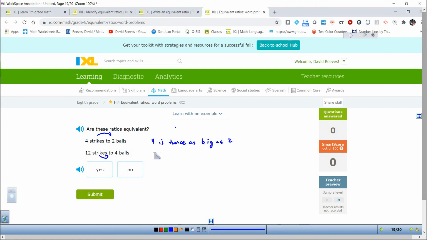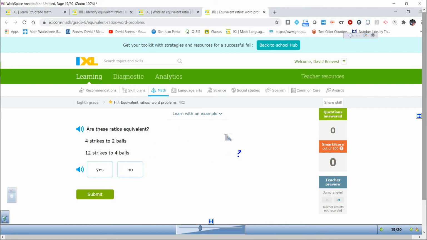So is 12 twice as big as 4? Is that a true statement? That's a false statement, right? We would want this to be 6, wouldn't we? So the answer is going to be no.